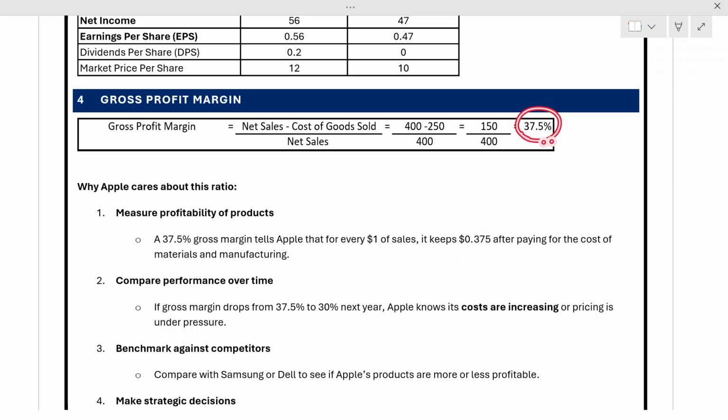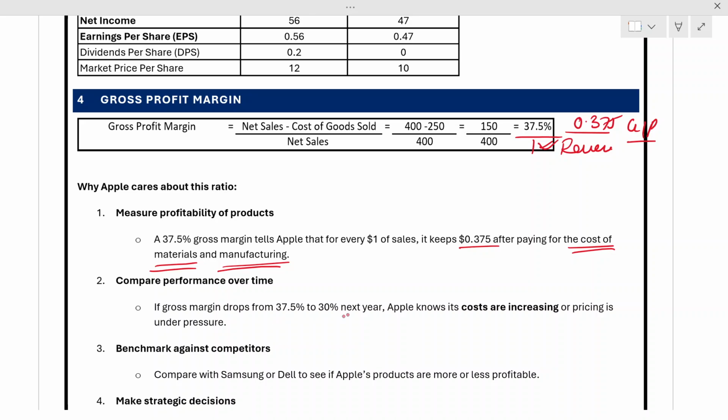So when it's 37.5%, because in the denominator the sales is given and in the numerator the number is given, for every 1 rupee of revenue the gross profit is 37.5% or 0.375. So basically it earns this after paying the cost of materials and manufacturing. So only the cost of materials, the direct costs which are incurred for the product, is being looked upon.